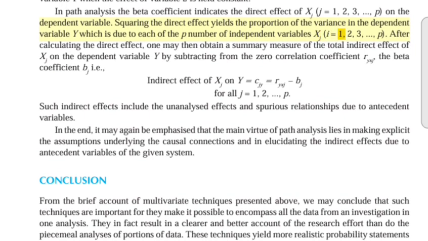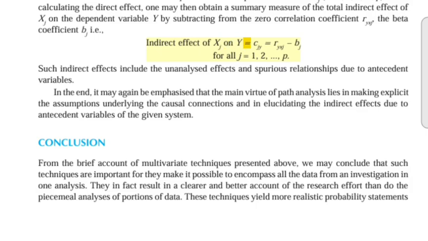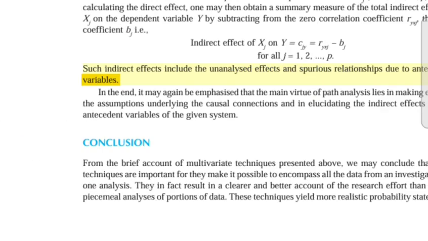After calculating the direct effect, one may then obtain a summary measure of the total indirect effect of xj on the dependent variable y by subtracting from the zero order correlation coefficient rjy the beta coefficient bj: indirect effect of xj on y equals cjy equals rjy minus bj for all j equals 1, 2, p. Such indirect effects include the unanalyzed effects and spurious relationships due to antecedent variables.